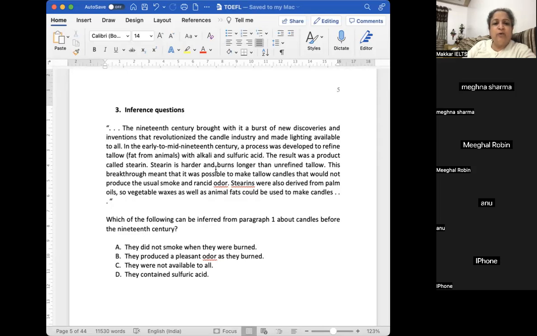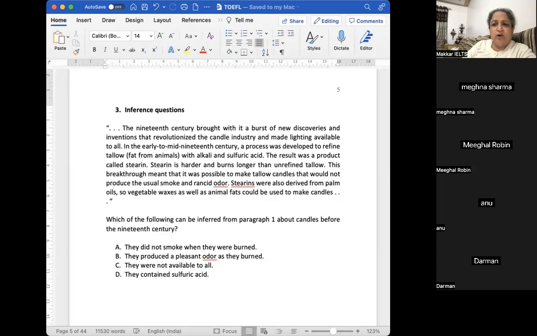The result was a product called stearin. Stearin is harder and burns longer than unrefined tallow. This breakthrough meant that it was possible to make tallow candles that would not produce the usual smoke and rancid odor. Stearins were also derived from palm oil, so vegetable waxes as well as animal fats could be used to make candles. Now, you have to infer something which is not straight away given, okay?